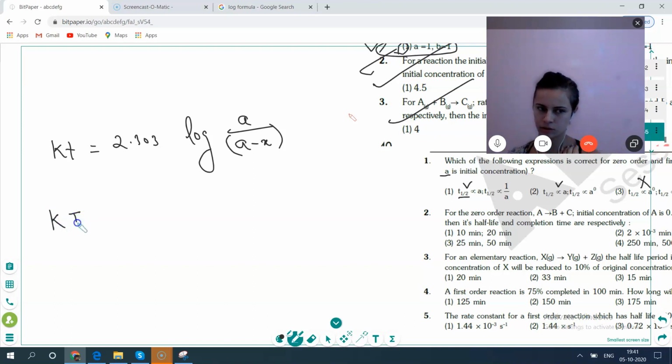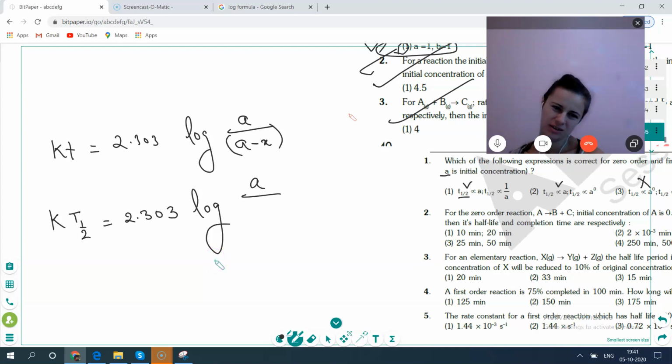One second, you are going very fast. k t half is equal to 2.303 log of A divided by A by 2 minus x. A minus x, where x becomes A by 2, so it is A minus A by 2, which becomes A by 2.